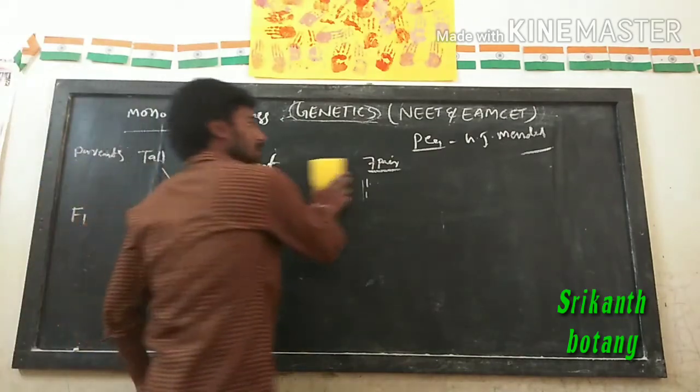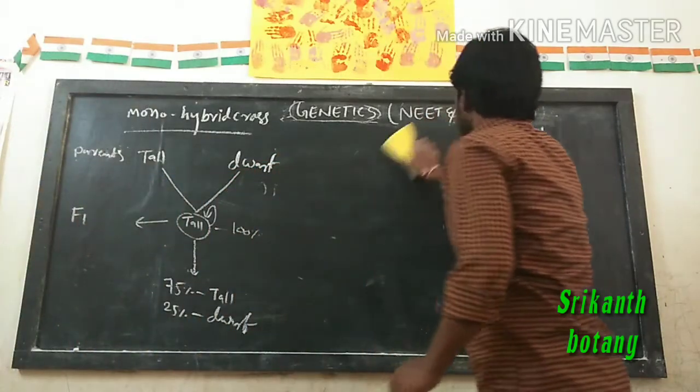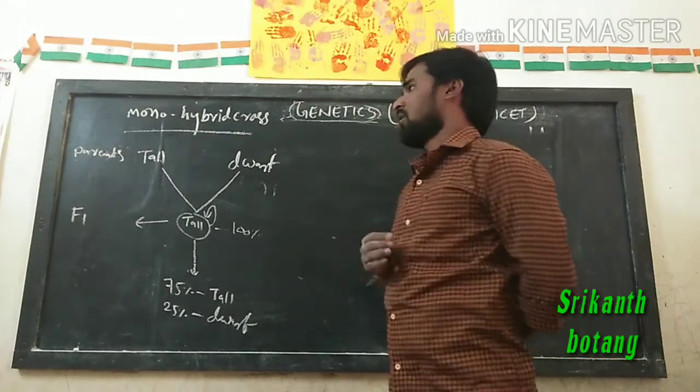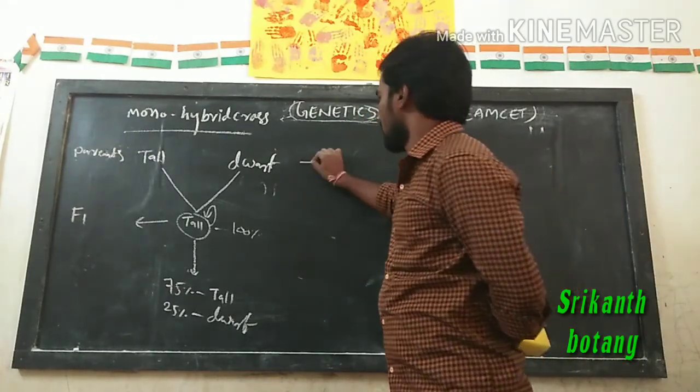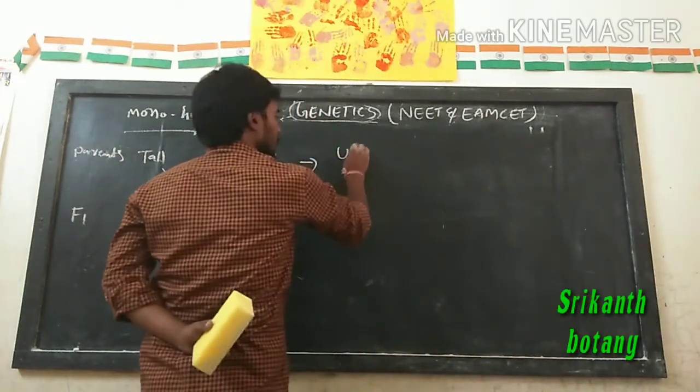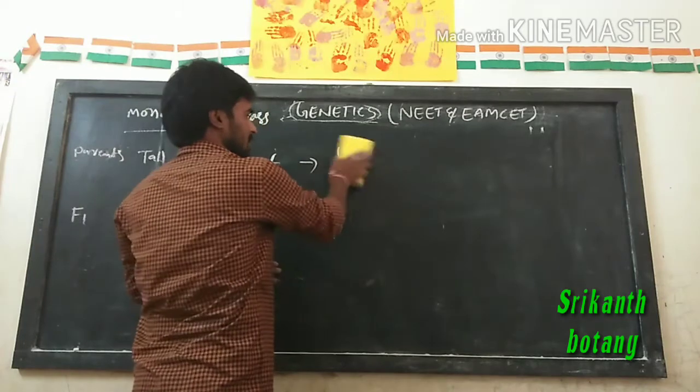To understand this monohybrid cross more easily, scientists have taken the upper and lower case of the alphabets.